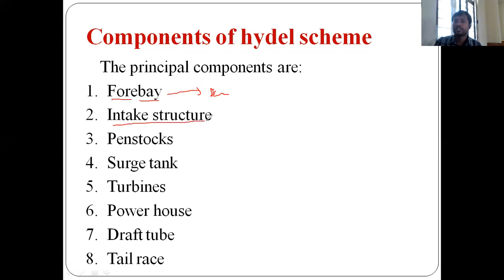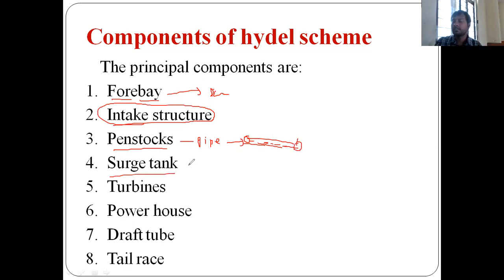And intake structure is also near the dam. Whatever the structure there is, that is the intake structure. And penstock is nothing but a pipe, through which water is released from the dam to the turbine.